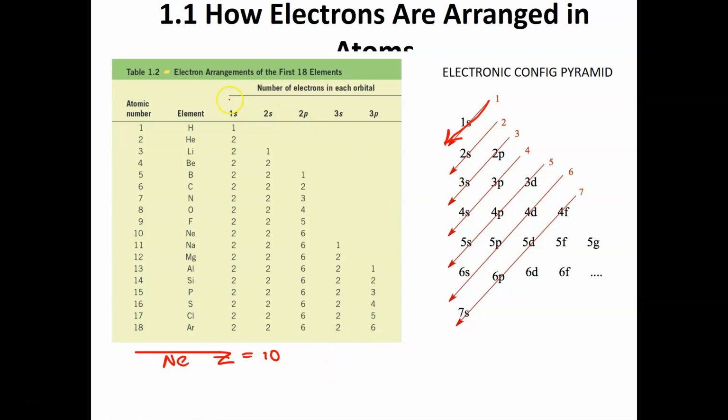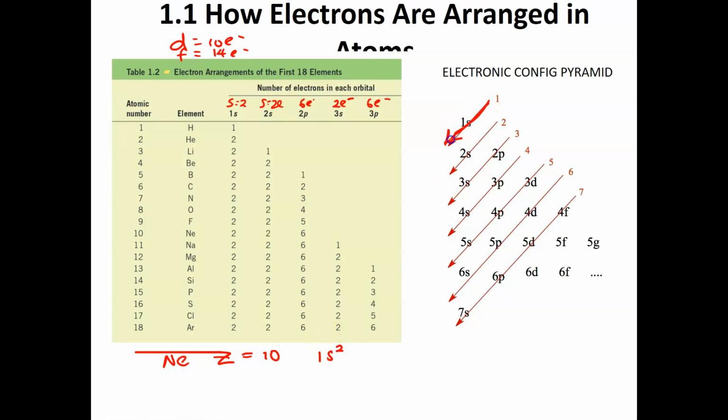Remember, s orbital will always take a maximum of 2 electrons. P will take 6 electrons. S will take 2 electrons. D orbital will take 10 electrons, and then F will take 14 electrons.